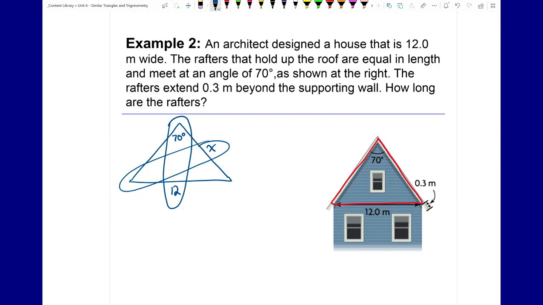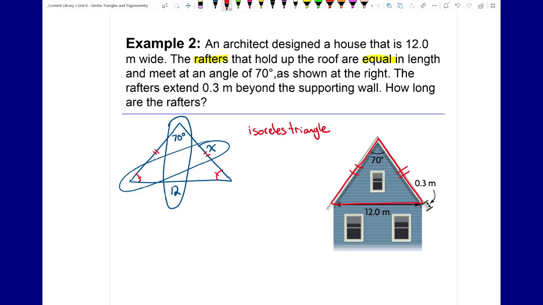Well, if the rafters are equal in length, that means that these two sides are equal. So if these two sides are equal, it's an isosceles triangle. And if it's an isosceles triangle, then these two angles down here are also equal.